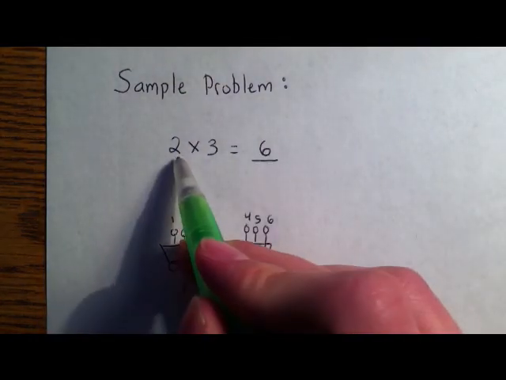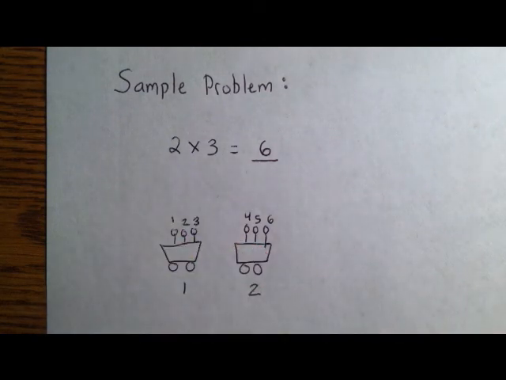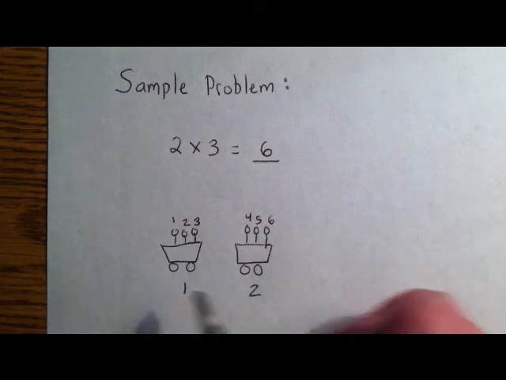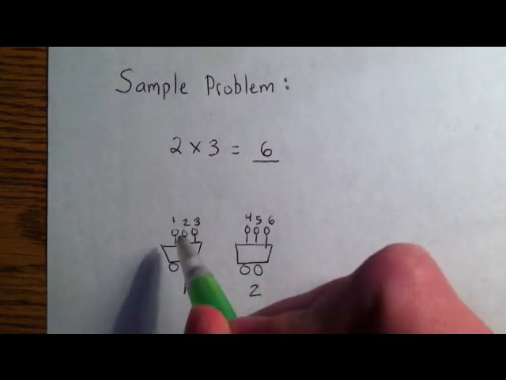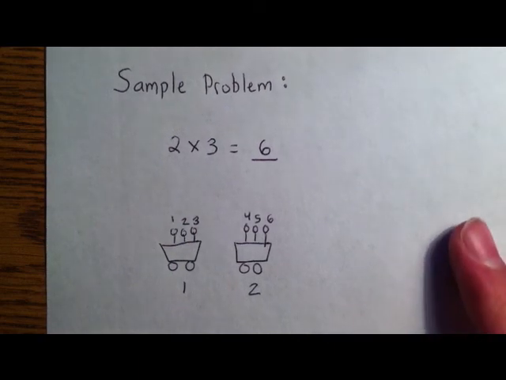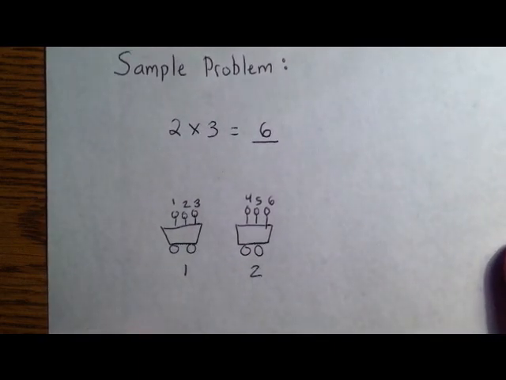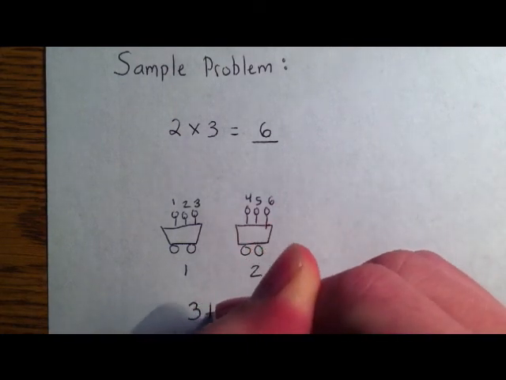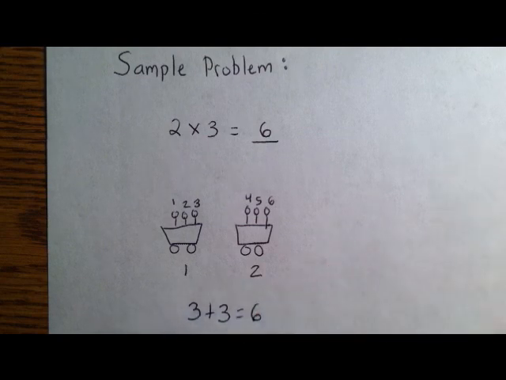So you always want to take this first number and draw a picture. Here's number 2, so let's draw 2 cars, 1 and 2, with 3 people in each, 1, 2, 3, 1, 2, 3, and then add them together. Another way you could do this is by showing the equation in what we call expanded or extended form, which draws out 3 plus 3 equals 6.